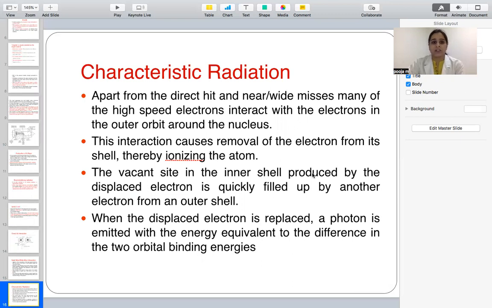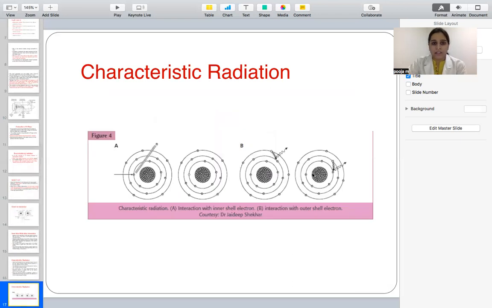Coming to characteristic radiation. Here you can see in this picture, your atom has a nucleus present at the center, and surrounding this nucleus are your electrons, which are arranged in orbital shells.